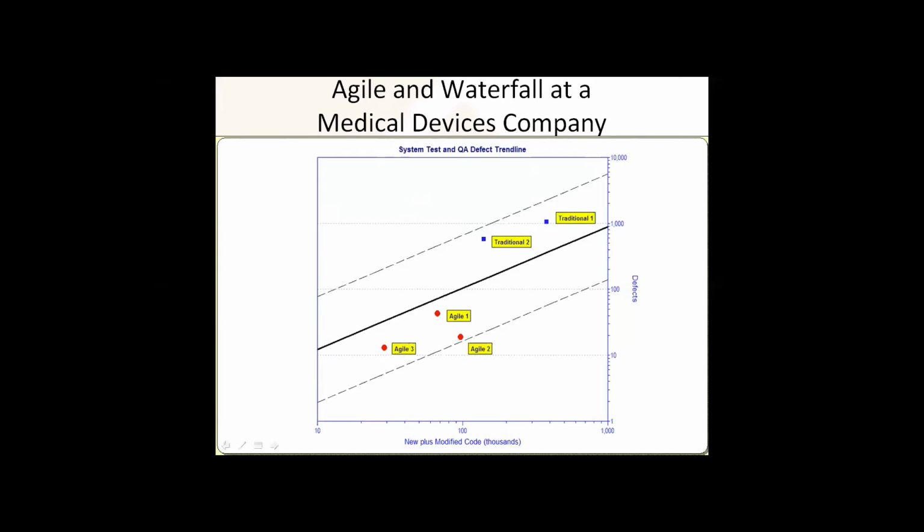So you can see a rather different pattern where 1, 2, 3 projects were significantly below the industry average, on average about half the number against the industry trends.